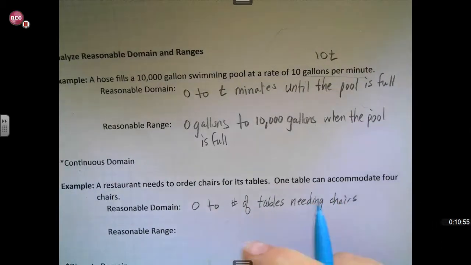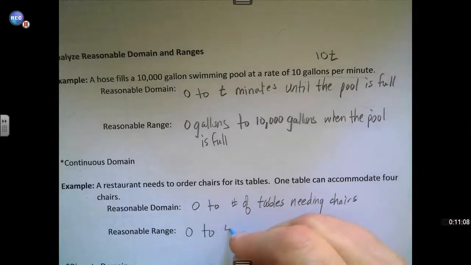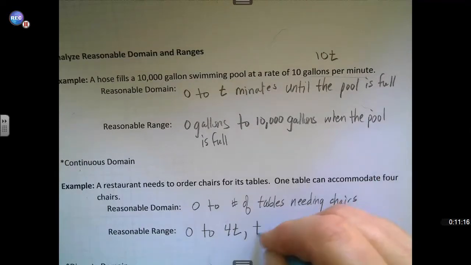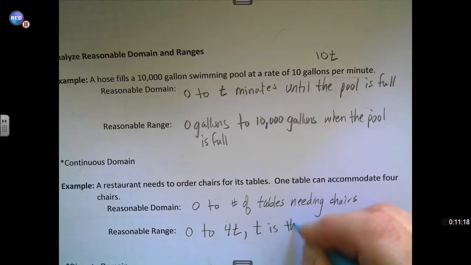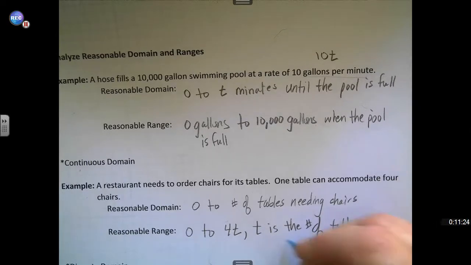And the range then would be, every table needs 4 chairs, so it would be 0 to 4t, where t is the number of tables needing chairs.